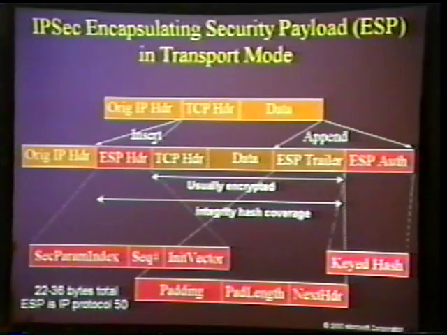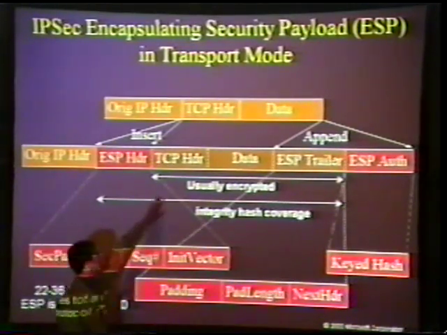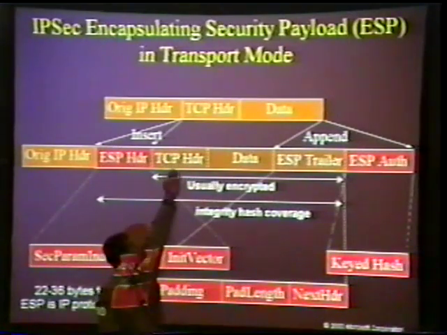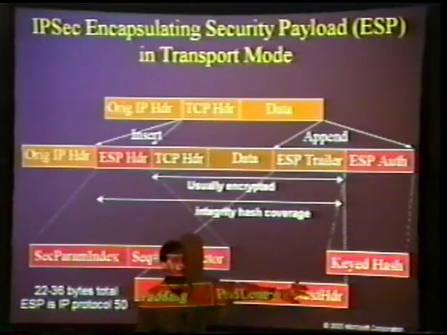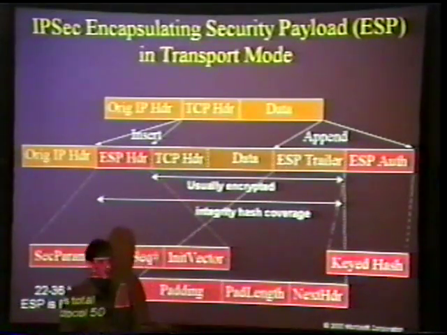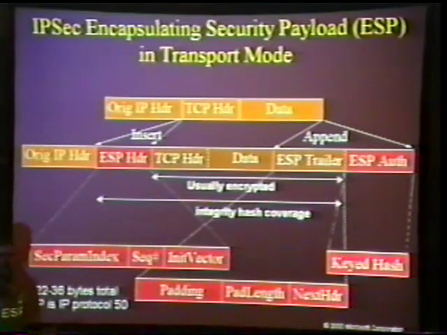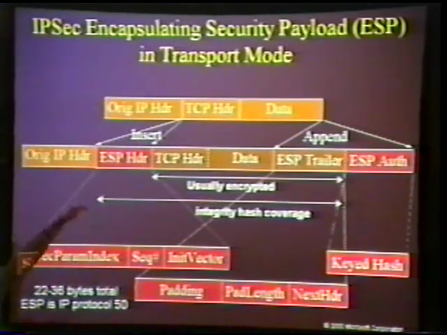And in fact, if you're doing encrypted ESP, you can't tell what's inside the packet. It may be a TCP header, it may be something else. Normally the next header field in IP would show you that, but that's encrypted. So it's just an IPv4 ESP packet. That's all you really know out of the packet by examining it on the wire.